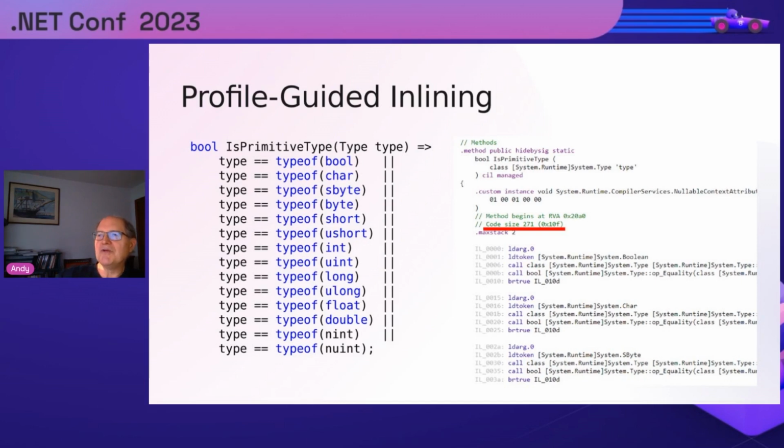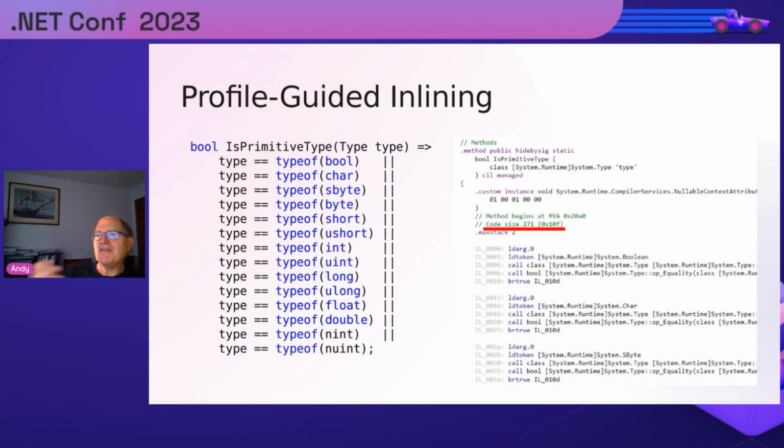So I don't know if you can all parse IL code here over on the right, but you can see that we basically get a description, say that first line of the Boolean type, and then we convert it into this special object, and then we call to get the actual runtime type object that represents Boolean. Then we convert that and we call an equality method. And if that's true, we branch.